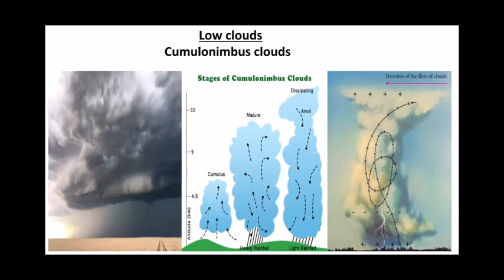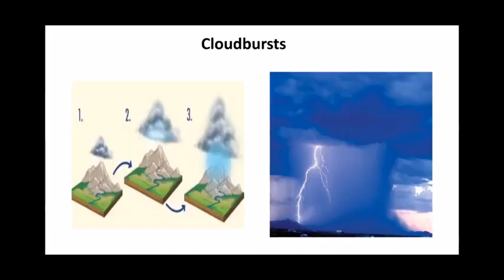So children, what are cloudbursts? Cloudburst is a type of precipitation. Raindrops coming towards the earth are stopped in the clouds itself because of strong vertical winds. These drops change into hail.